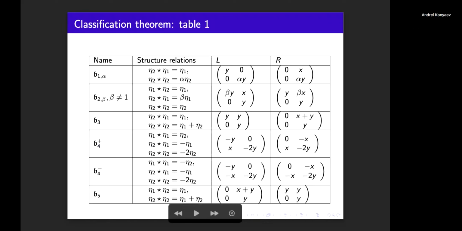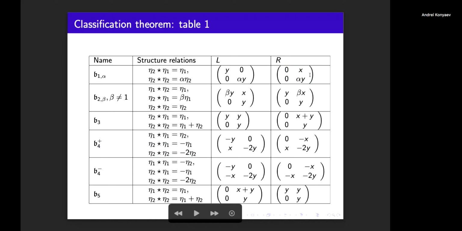We see that we don't have eta 1 times eta 1, which means it's 0, and we do not have eta 1 times eta 2, which means it is also 0. These algebras are not commutative. And we have an L operator defined on this affine space, on this real algebra with coordinates x and y, and we have an R operator, and this operator is Nijenhuis because this algebra is left symmetric.